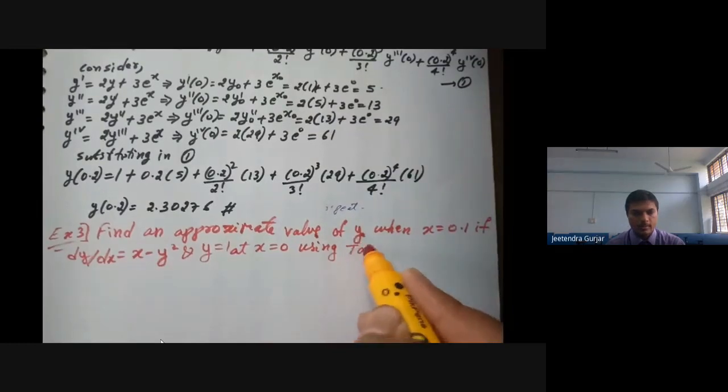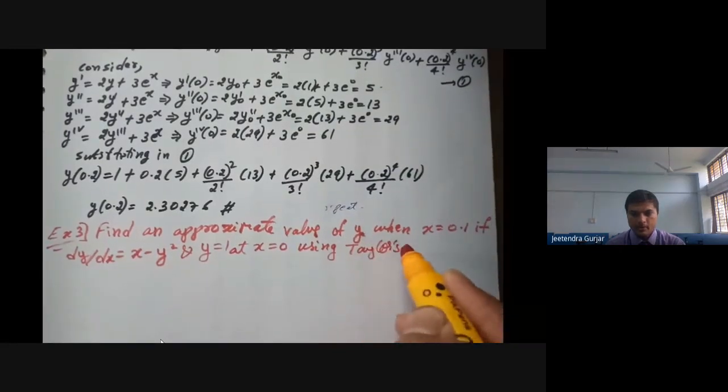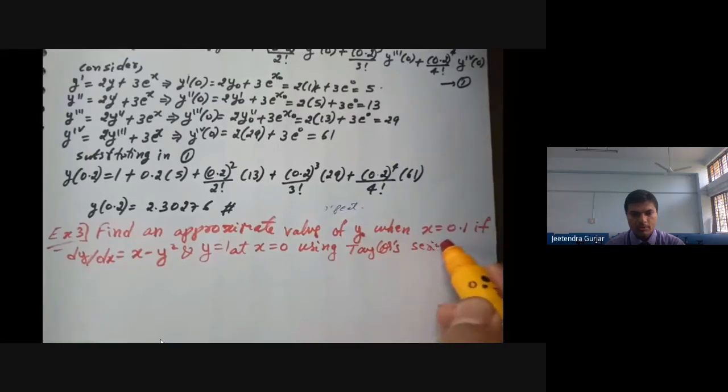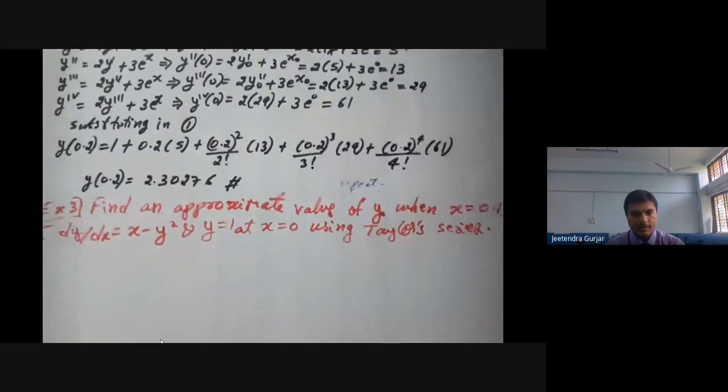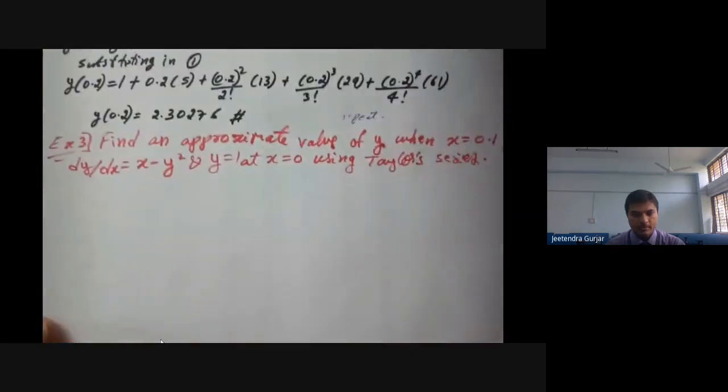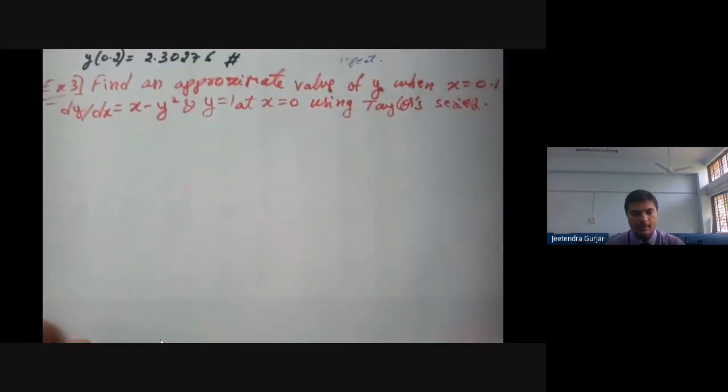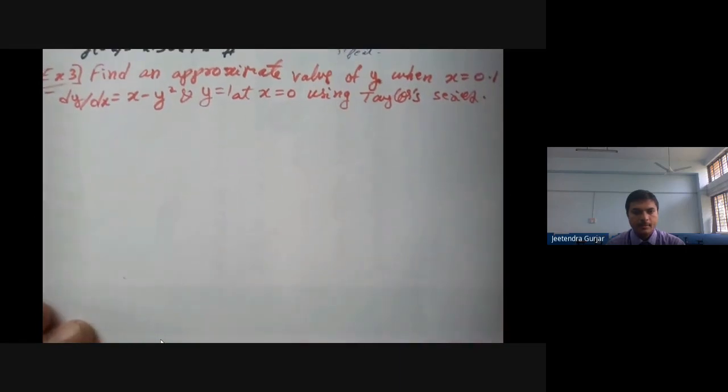So this is a challenge. Already you have understood how to simplify the Taylor series expansion. So everyone start solving this example and compare your answer with whatever I have solved. Be ready with your pen and book. Start solving this example I have written on the screen, you can see.